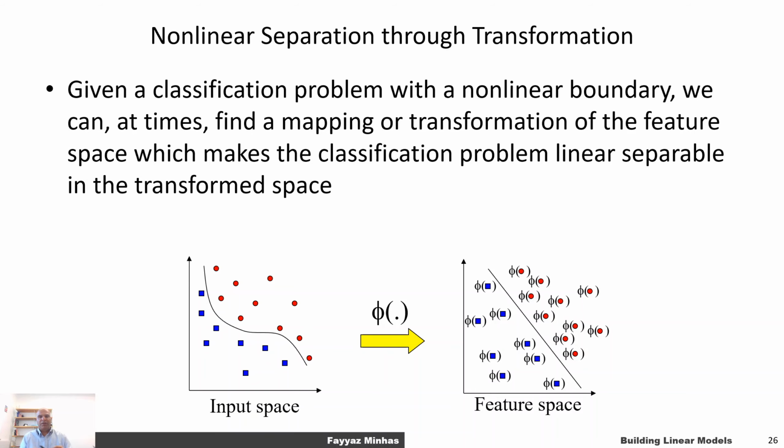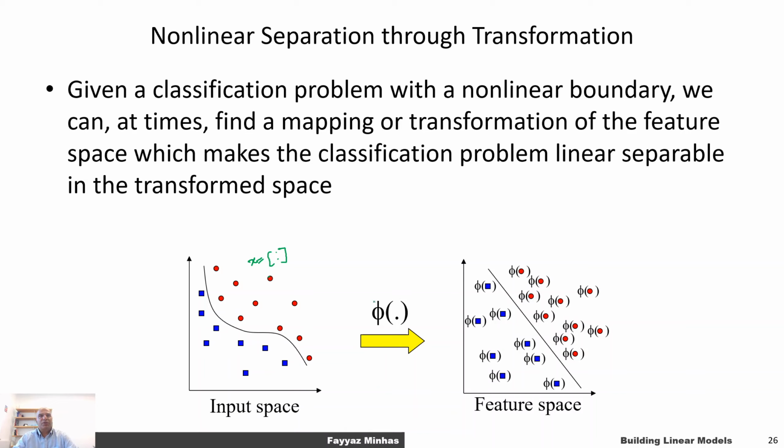So if we have examples lying in this space, we have a set of examples, each one represented in 2D by two different features. If we have example X over here, then we can represent it in two features, and that is the feature space representation of this example.